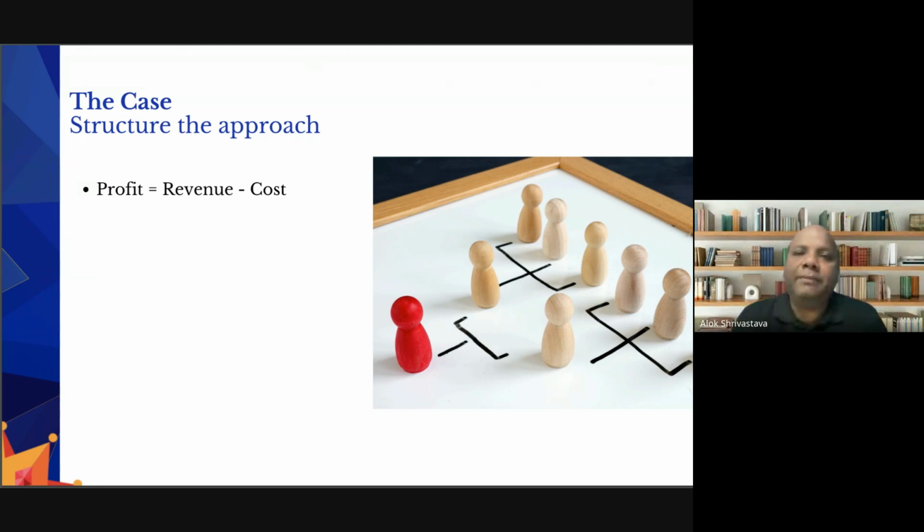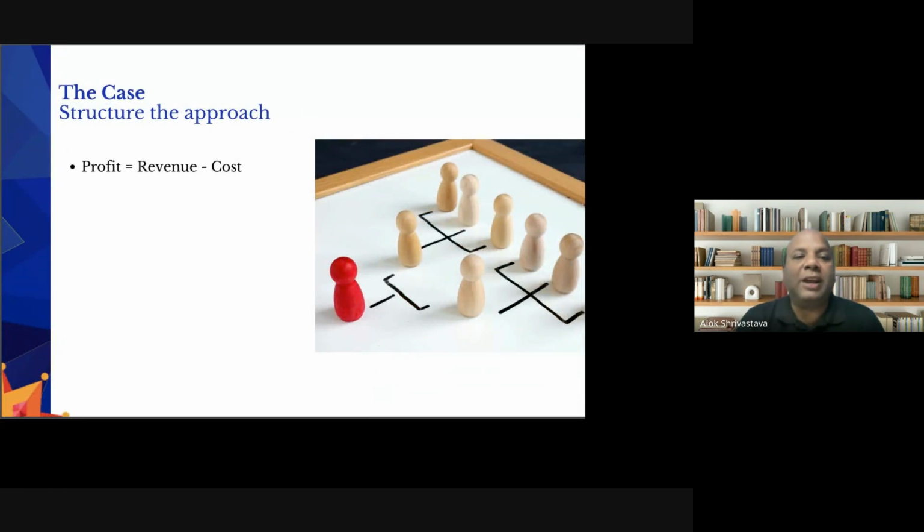Now tell me one thing, generally, what are the components which define revenue? How is revenue calculated? What are some of the factors you consider to determine revenue? Anyone? Sales units into price. Yeah, great.